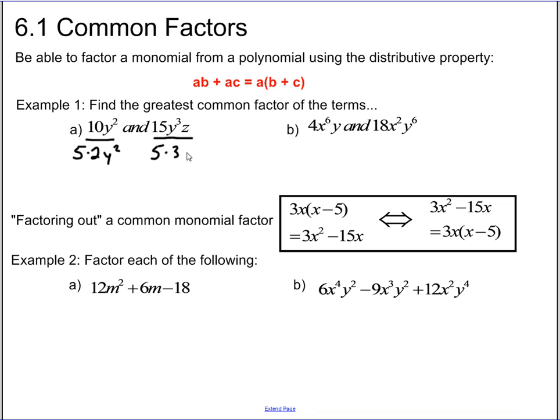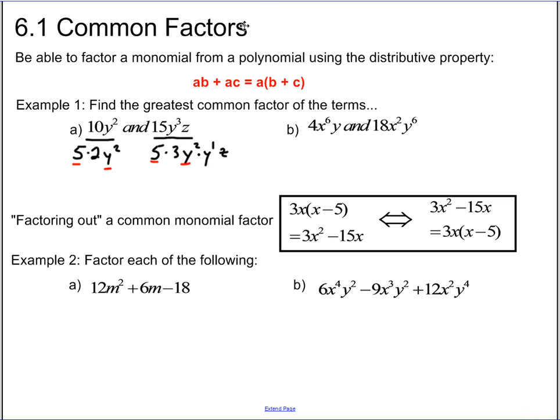times y cubed. Now the other thing to note is that y cubed actually contains the factor y squared as part of it, because y squared times y to the first is equal to y to the third. So we can actually see that there are now two common factors right here, 5 and y squared contained in both.